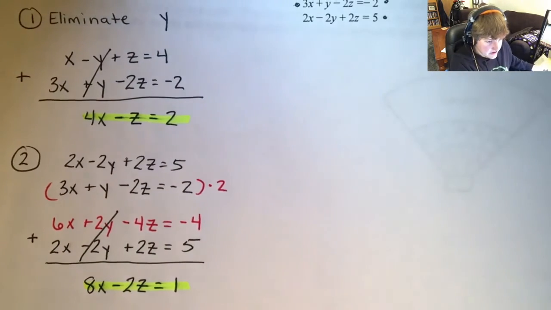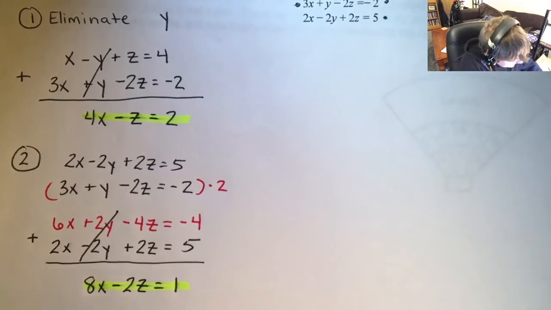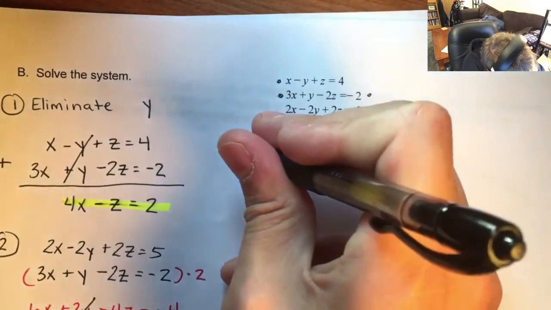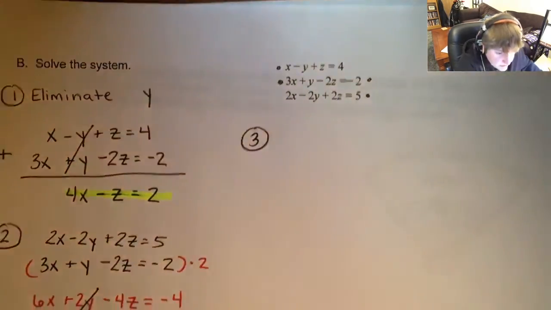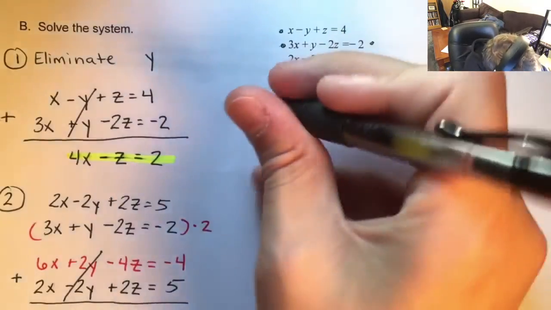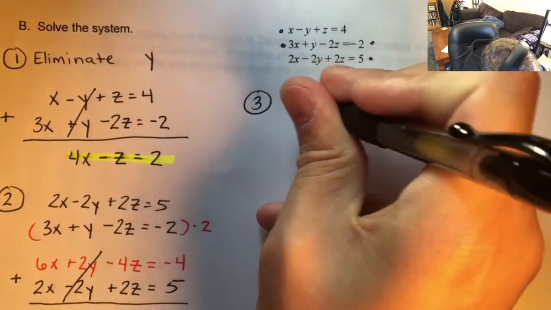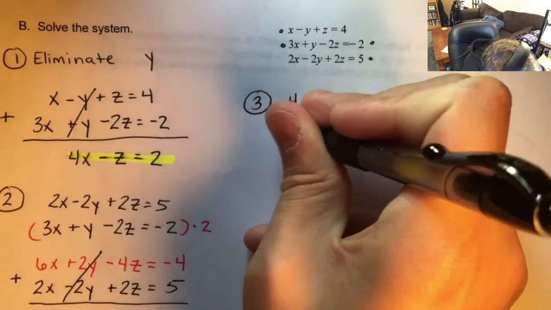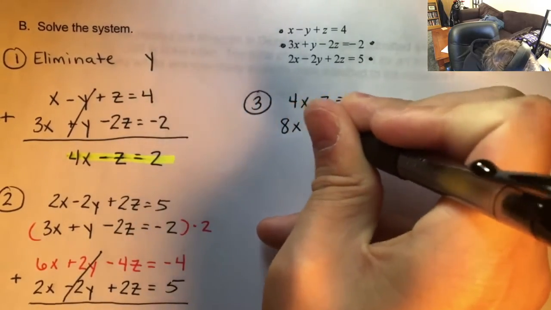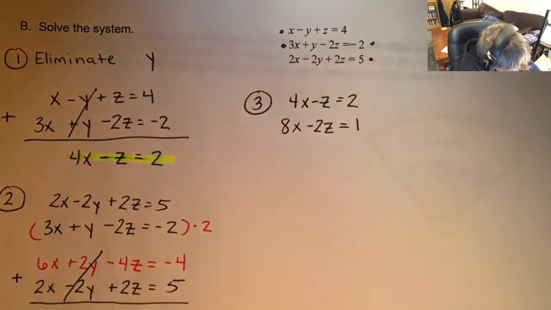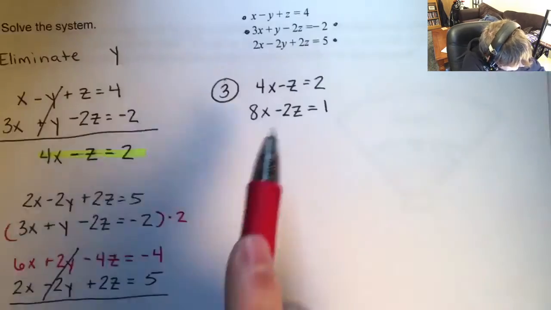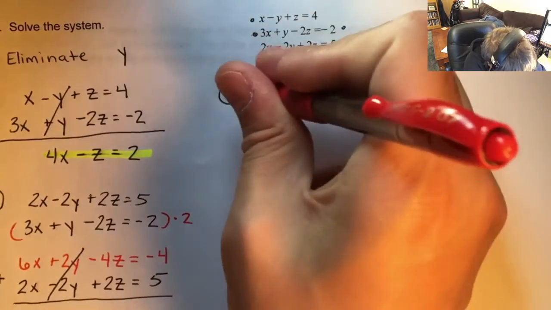All right, and so now I need to check and see if I can solve for the next ones. I'm going to take the two highlighted equations I have: 4x minus z is equal to 2, and 8x minus 2z is equal to 1. If I want to create opposites in the x's, I just have to multiply the top one by negative 2.